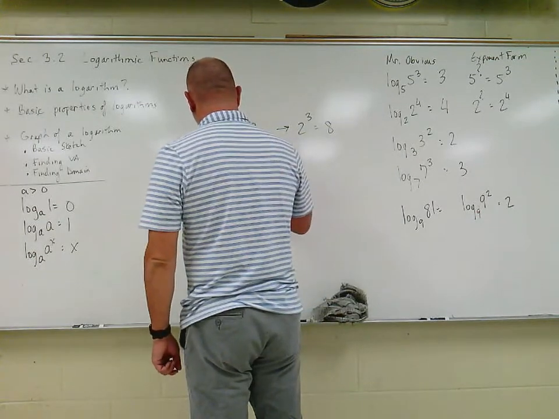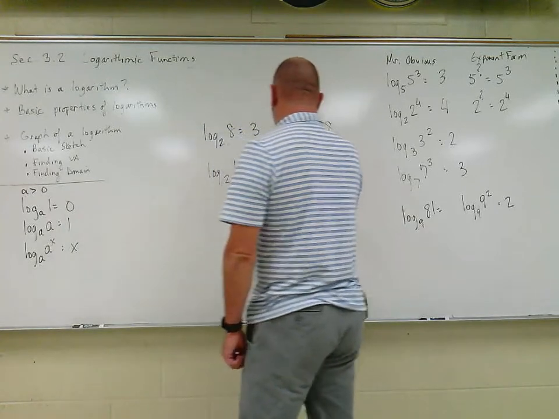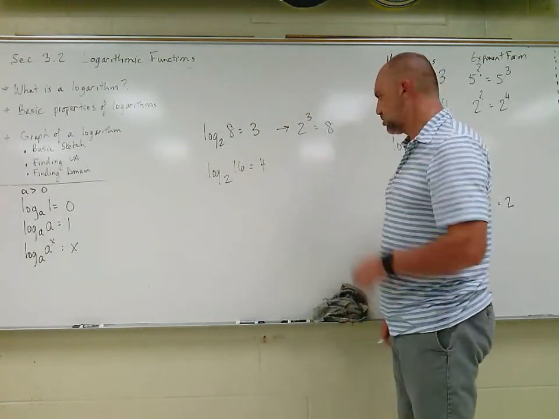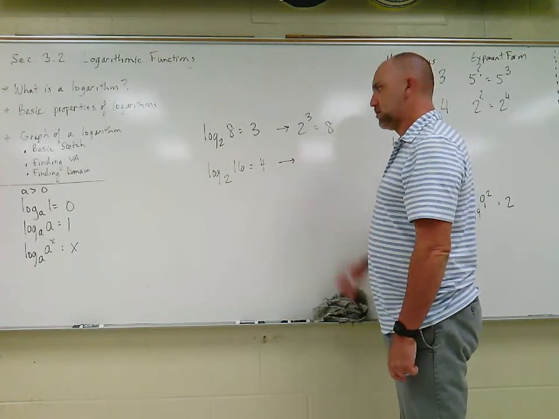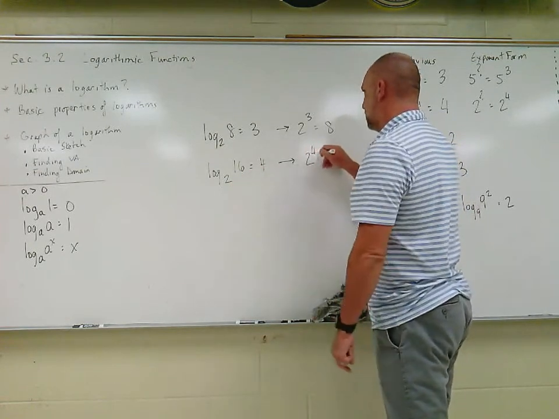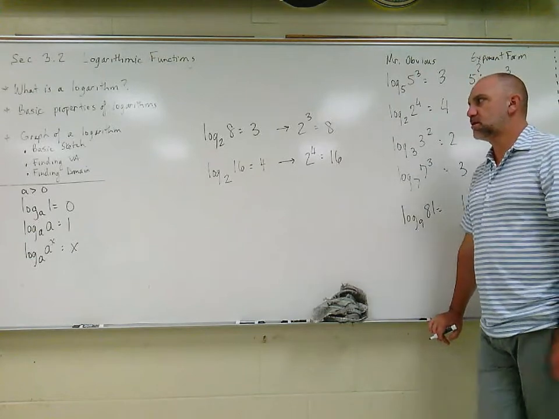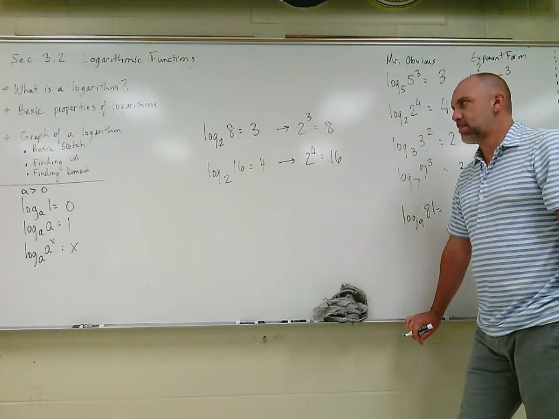Let's say you had log base 2 of 16 is 4. So let's say we had it written out. How could you write that as an exponent? 2 to the 4th is 16. That's the order it goes in, because that is the exponent.